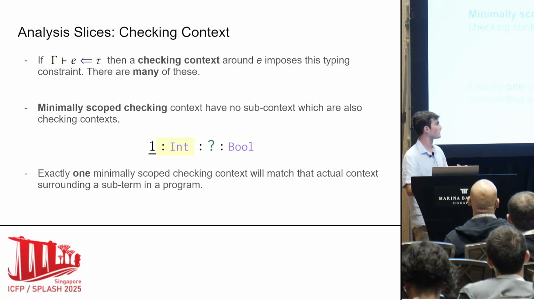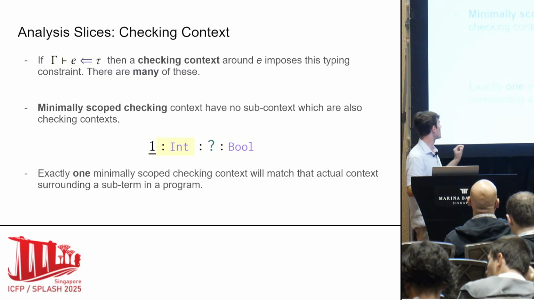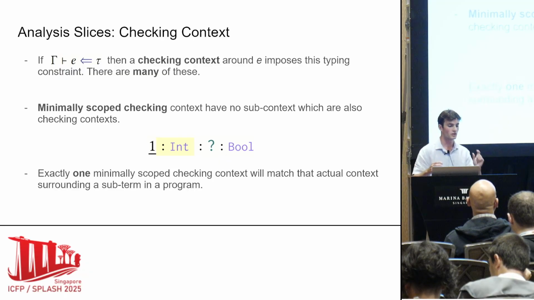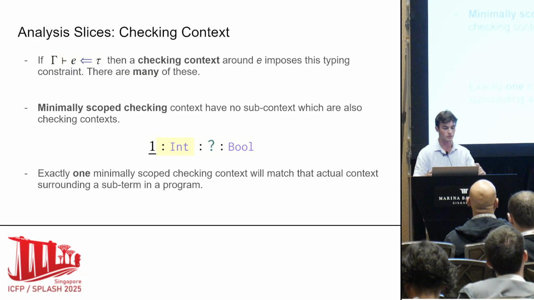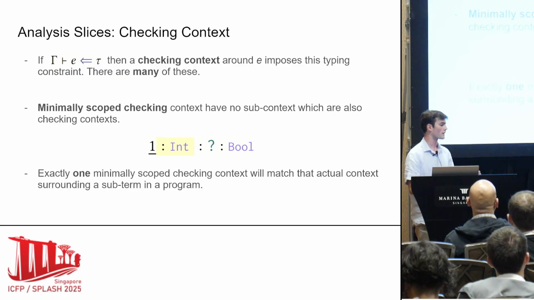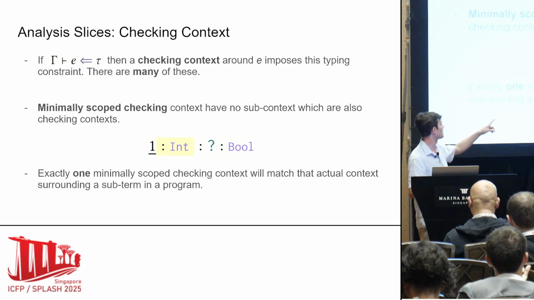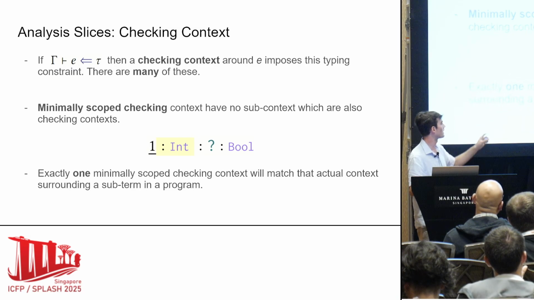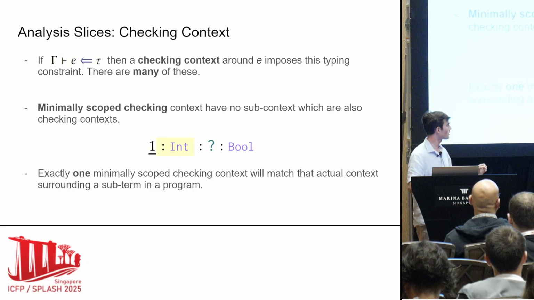And there are, again, many of those, but when we're looking at a subterm in an actual program, only one of those will match the structure of the program. So for example, here I'm highlighting the integer annotation for 1, and if we imagine the whole thing as a program, it's the only minimally scoped checking context that we can pick from this.